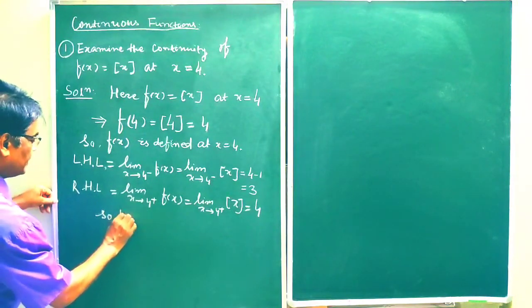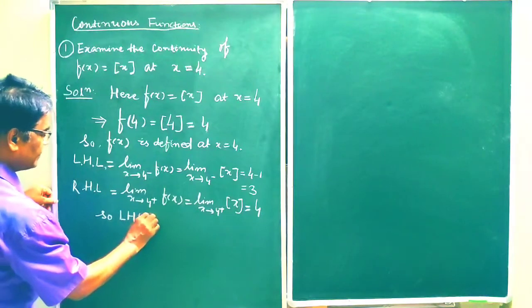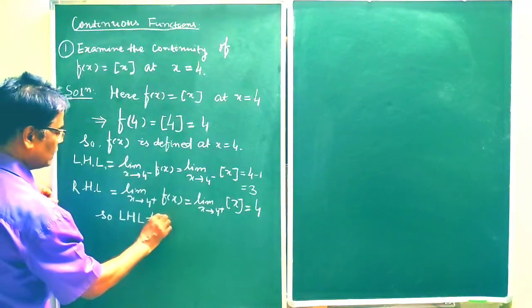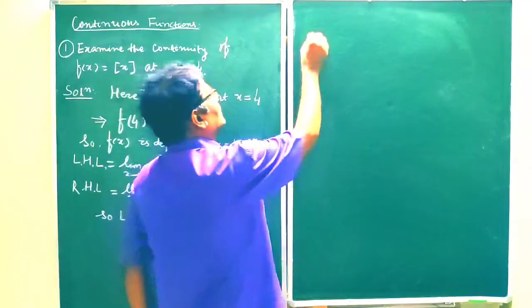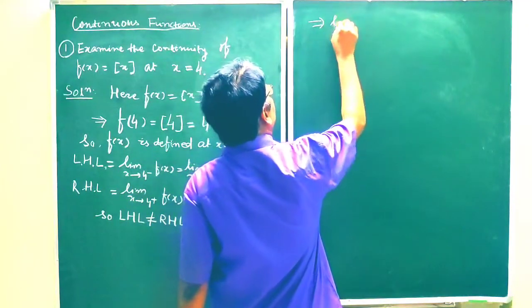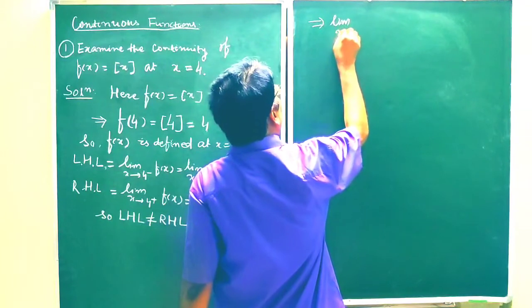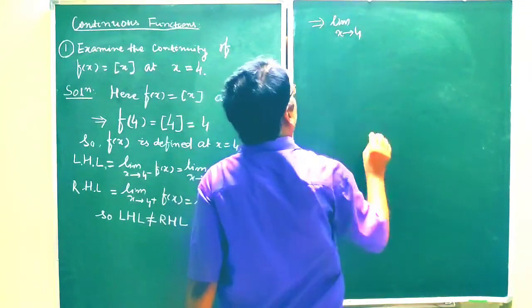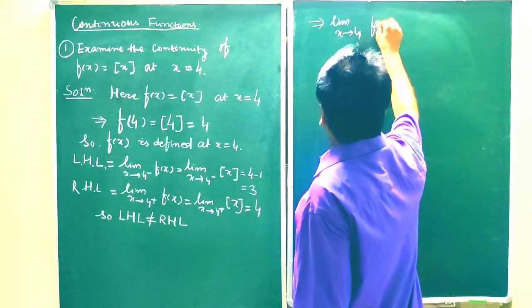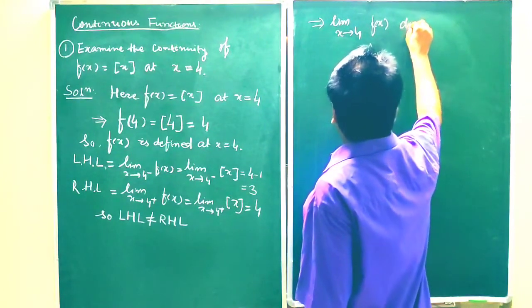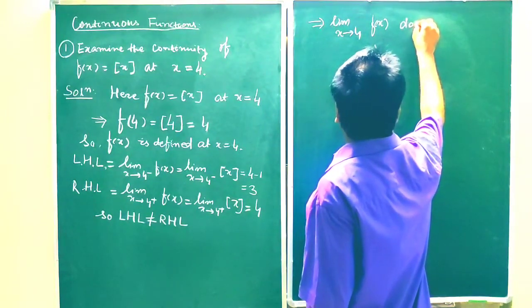So left hand limit is not equal to right hand limit of the function. So this implies limit x tending to 4 f(x) does not exist.